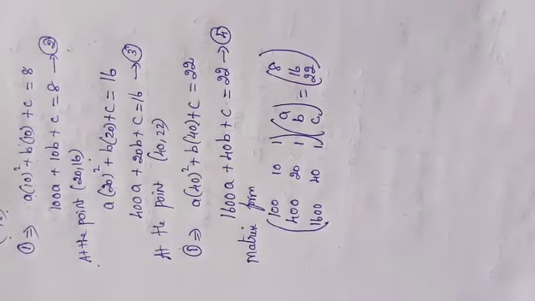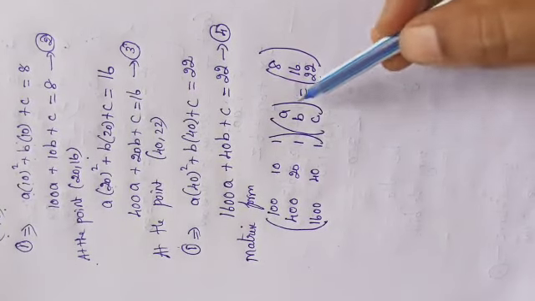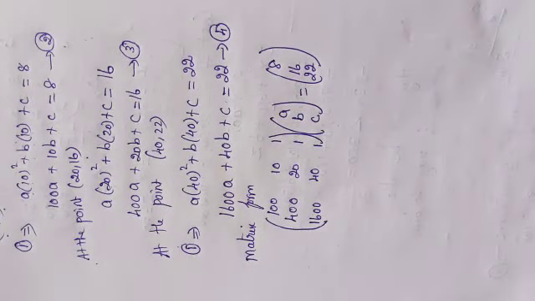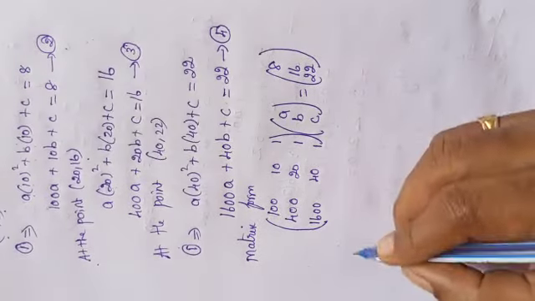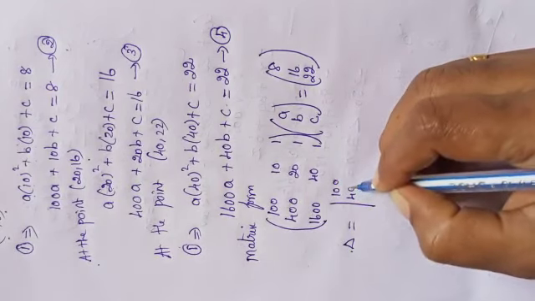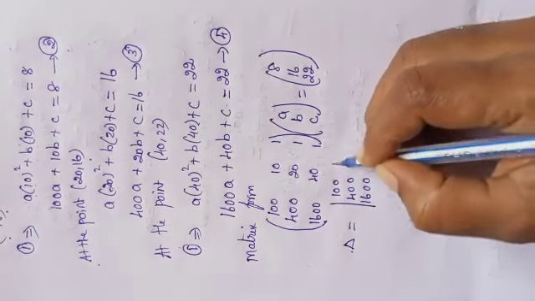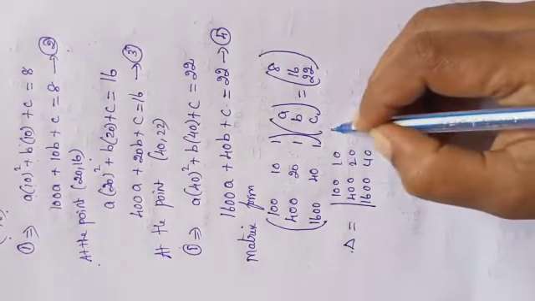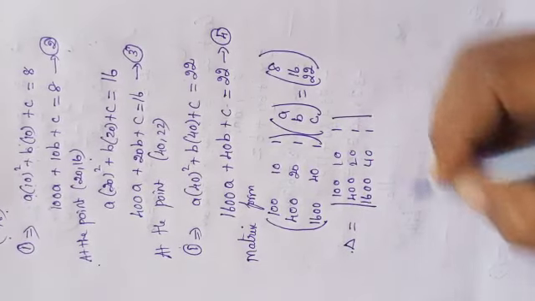Now we have to find delta. Here the unknowns are A, B, C, so delta A, delta B, delta C. Shall we find it out? Delta is equal to the determinant 100, 400, 1600; 10, 20, 40; 1, 1, 1.